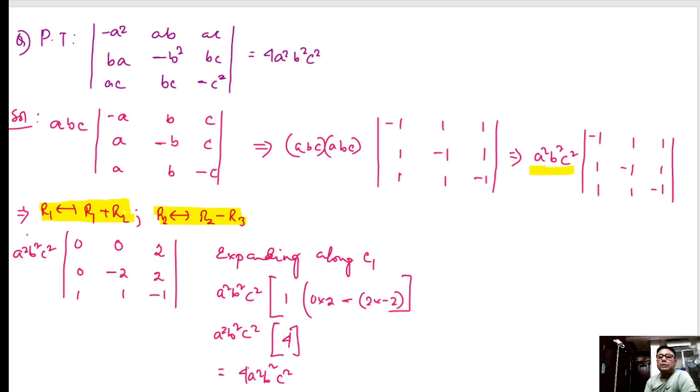In R1 we will do R1 plus R2. So R1 plus R2, which is 0, and put it in R1. Next is R1 plus R2, which is 0, and put it in R1. R1 plus R2, which is 2, and put it in R1.